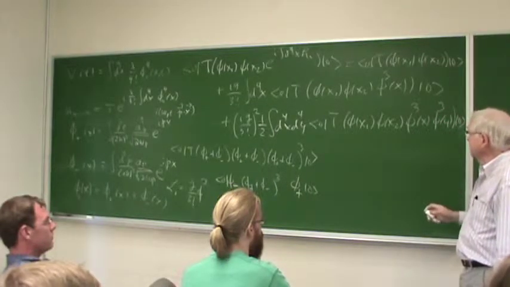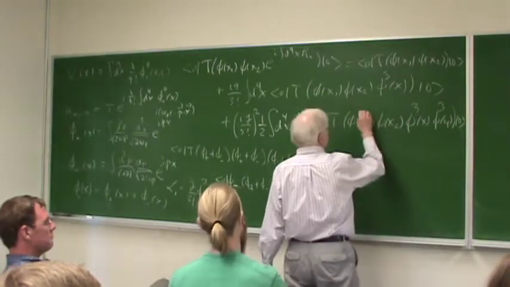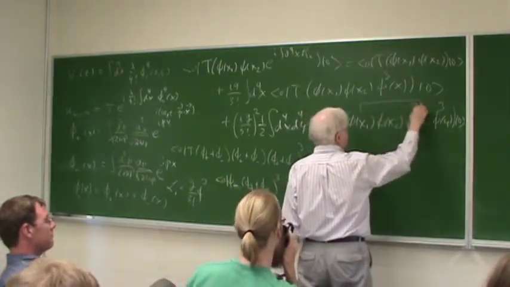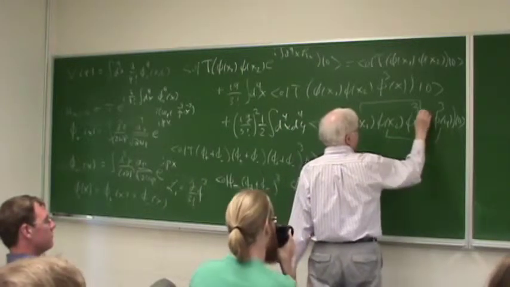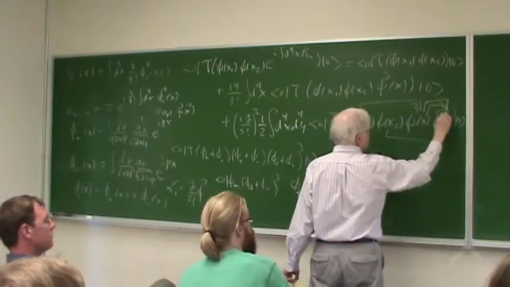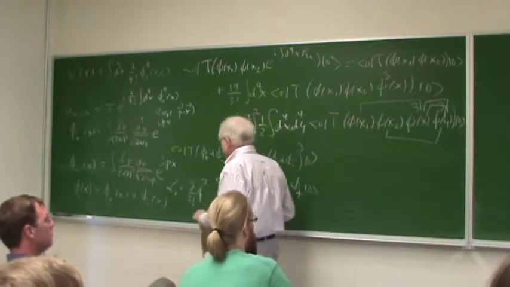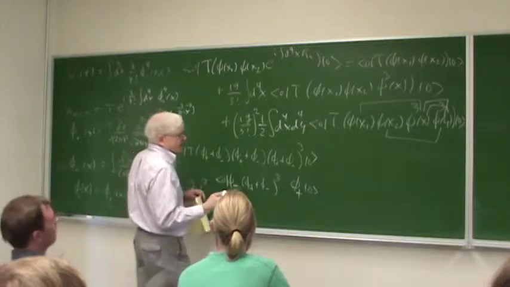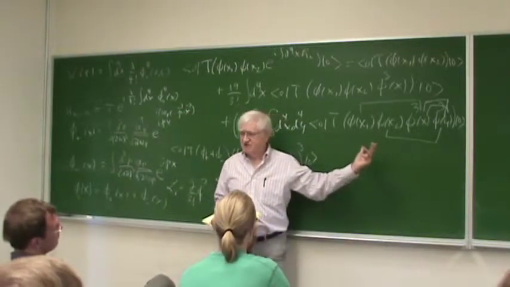And a contraction means that, for example, you take this field and one of these, and this field and one of those, and then two of these guys with two of these guys, and in each case you're surrounded by vacua in such a way that you just have a product of Feynman propagators.